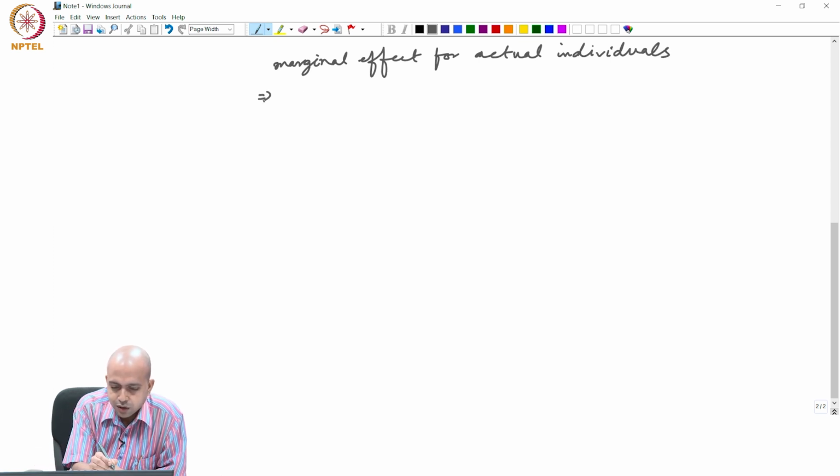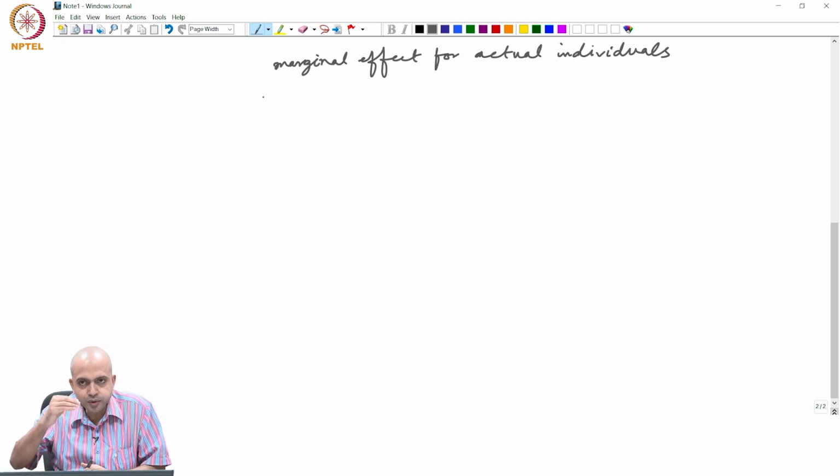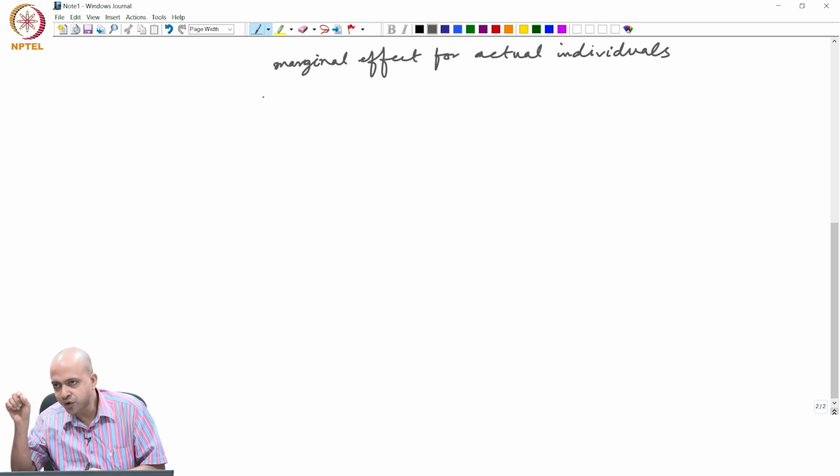That means if you have n number of individuals, you will calculate the marginal effect for each and every individual. And then Stata can run another routine with which you get the marginal effect for each and every individual calculated and then get the average of that.